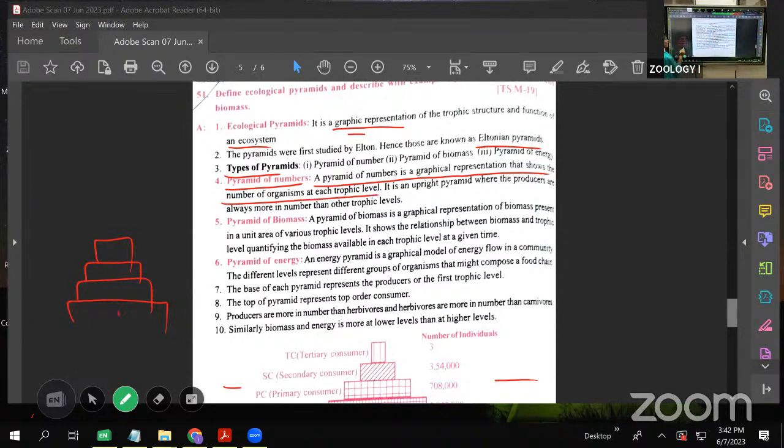In this trophic level, how many organisms are there? How many are there here? Giving the number like that is what we call a pyramid of numbers.